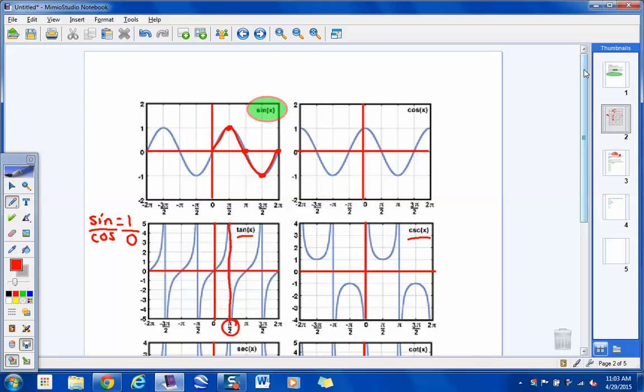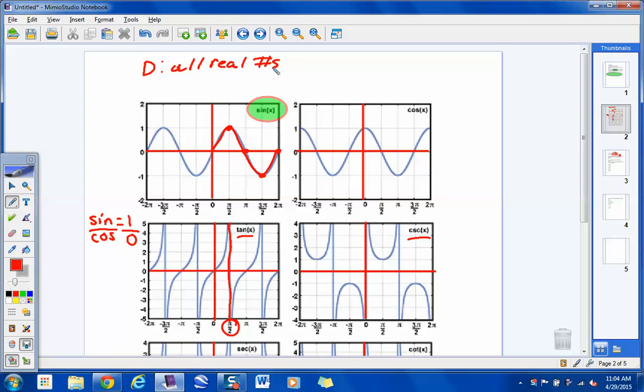This is going to go on forever to the right, and forever to the left, isn't it? So for this function, the domain is, write it down, all real numbers.